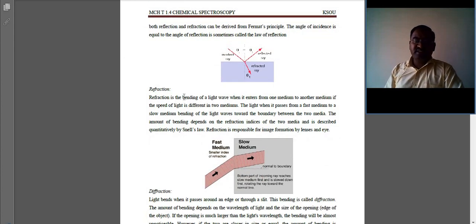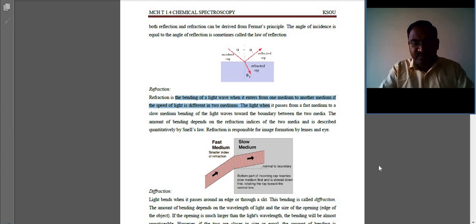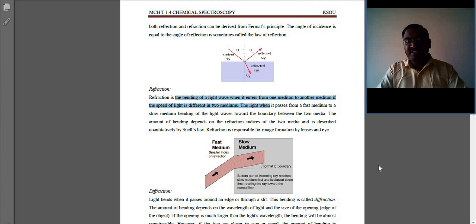Refraction is the bending of a light wave when it enters from one medium to another medium, if the speed of light is different in the two media.